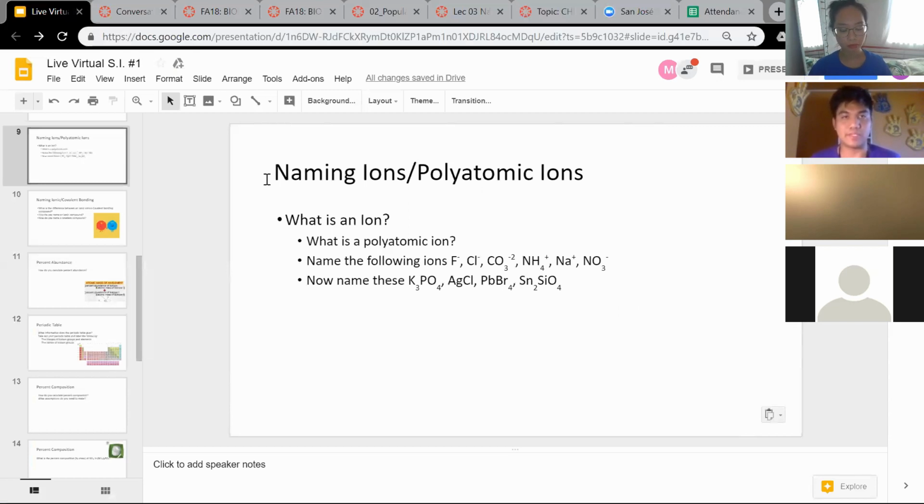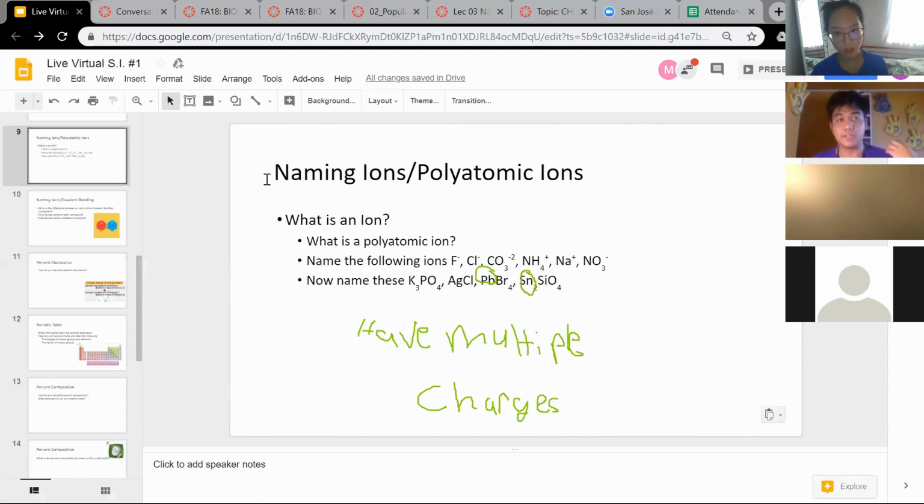So when you think about it, lead and whatever this is have multiple charges. So when these transition metals have multiple charges, that's when you include the Roman numeral.